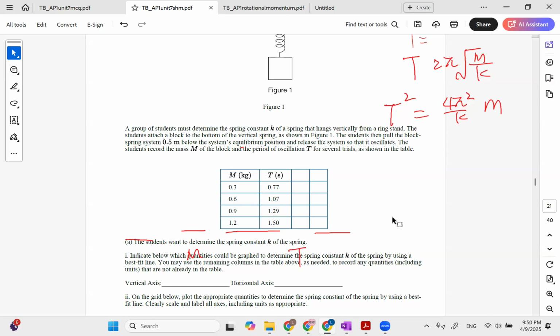So you can use M versus T squared or T squared versus M. Either one, right?